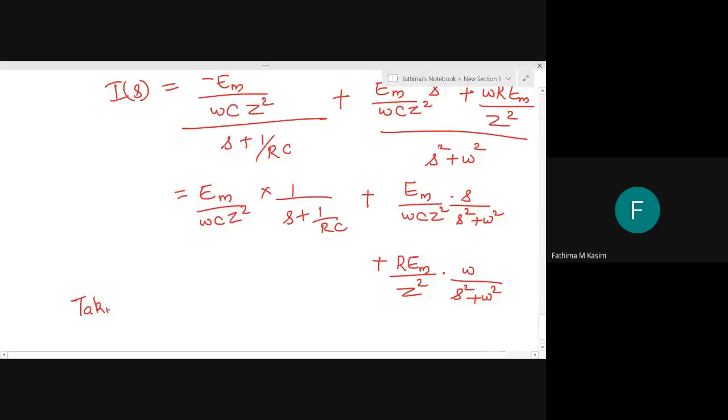Taking inverse Laplace transform. So now we want I of t. So we are going to take the inverse Laplace transform of this particular expression.